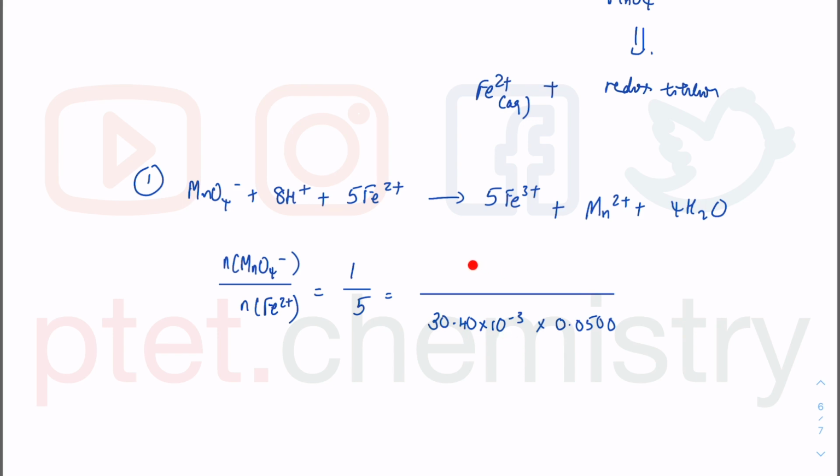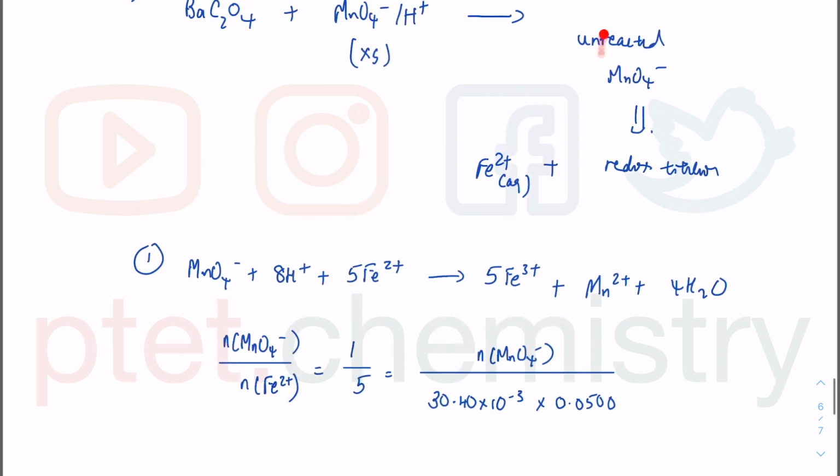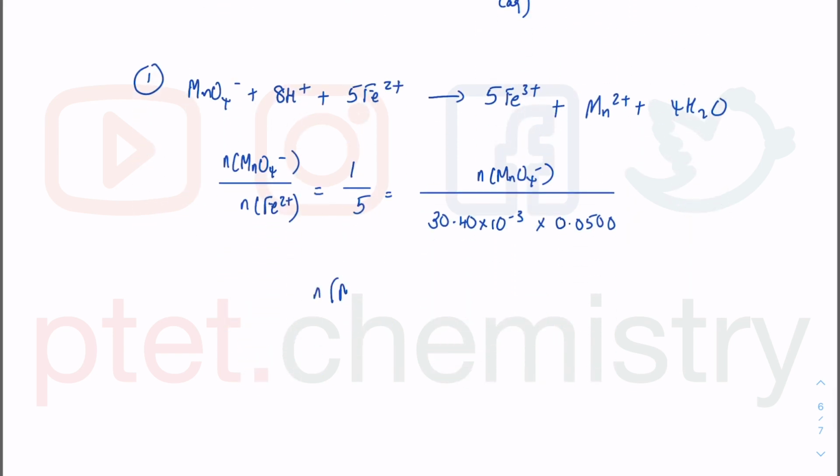I don't have this information on the manganate, and in fact that is what I want to find. This is how much manganate remains at the end of the reaction, unreacted. So the mole of manganate unreacted from the first reaction is going to be equal to 1 over 5 times 30.40 times 10 to the minus 3 times 0.0500.